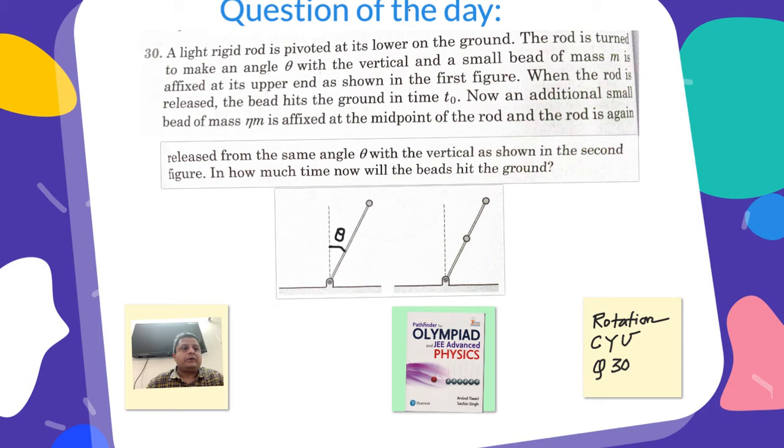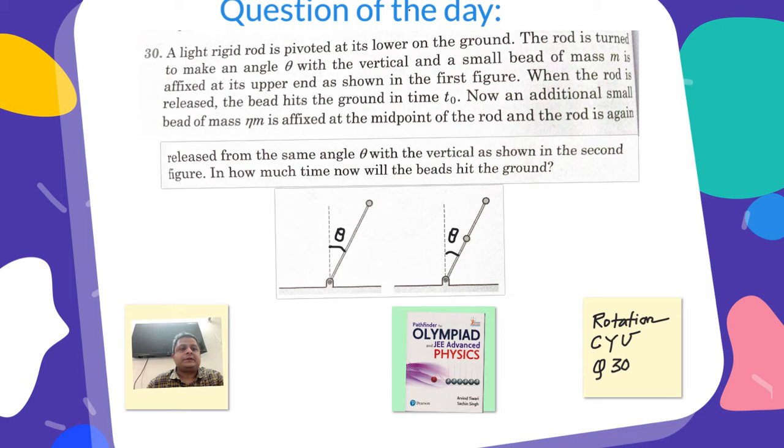Okay, so now let us read the line. Now an additional small bead of mass eta times m is affixed at the midpoint of the rod, and the rod is again released from the same angle theta with vertical, as shown in the second figure.